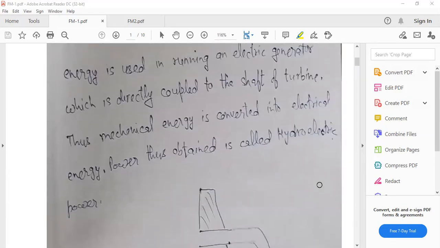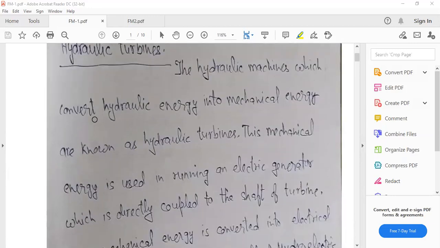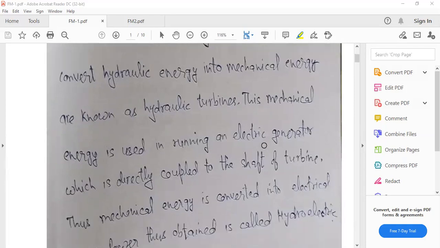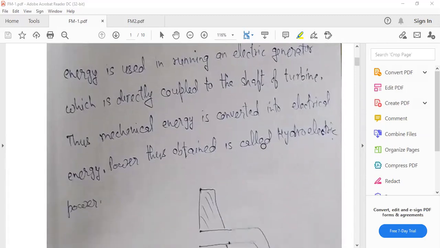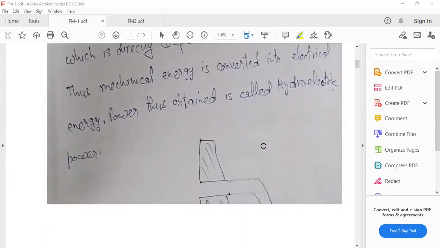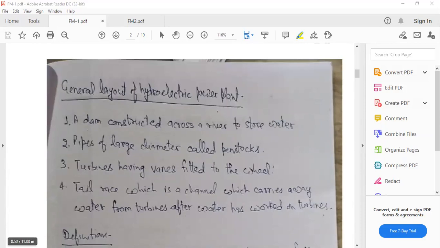Okay, so this is the definition of hydraulic turbines. The hydraulic machines which convert hydraulic energy into mechanical energy are known as hydraulic turbines. Then this mechanical energy is used in running an electric generator which is directly coupled to the shaft of the turbine. So thus mechanical energy is converted into electrical energy, and power thus obtained is called hydroelectric power.